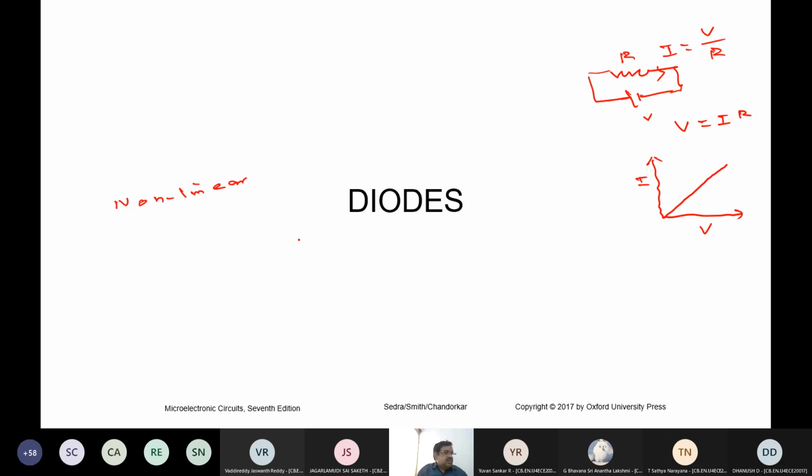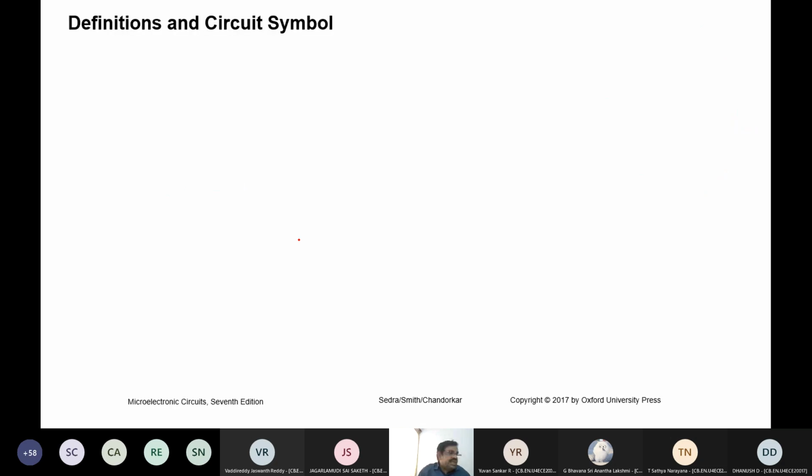So what is an ideal diode? To begin with, an ideal diode under reverse bias is said to be off.